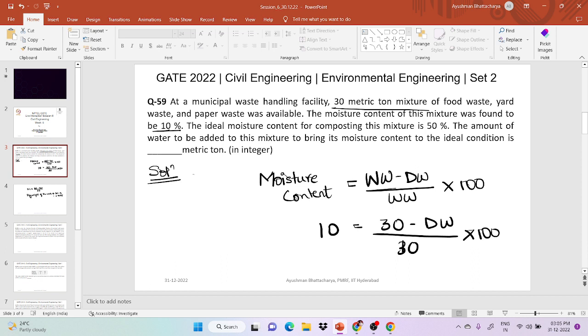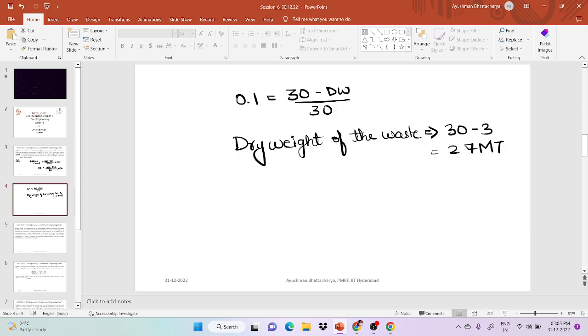Now they are asking that the ideal moisture content for composting this mixture is 50%, and the amount of water that needs to be added. Now this is a dry weight.